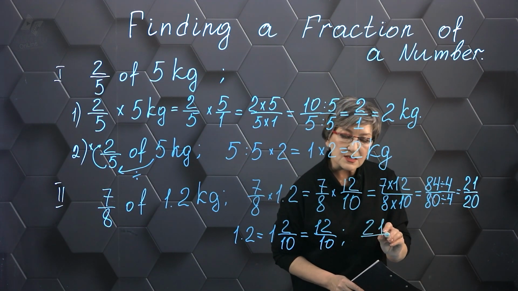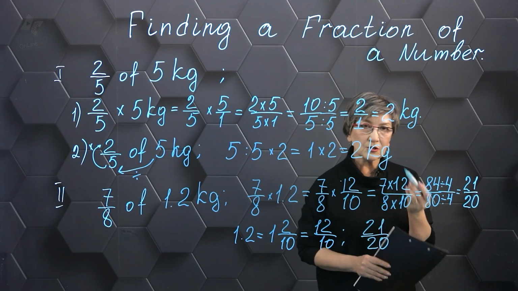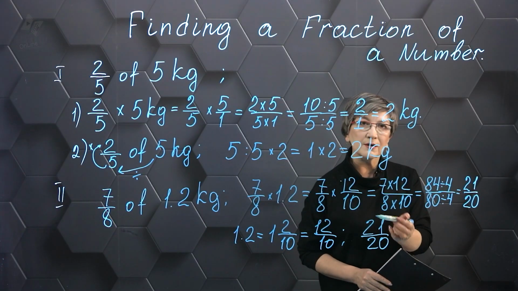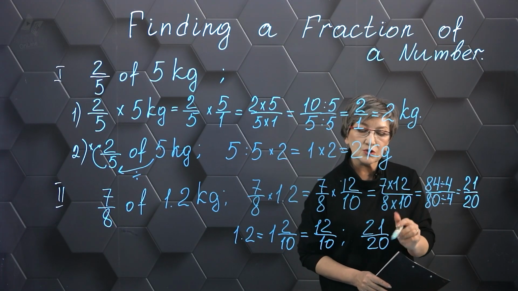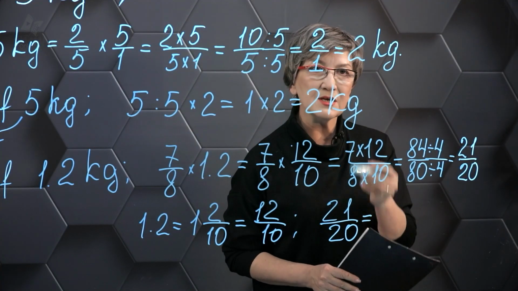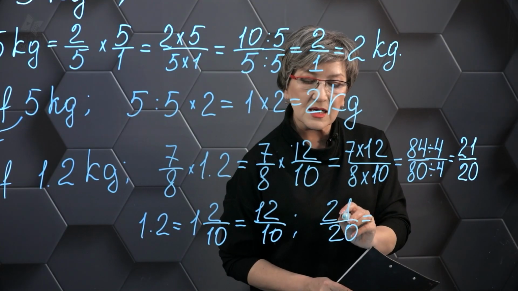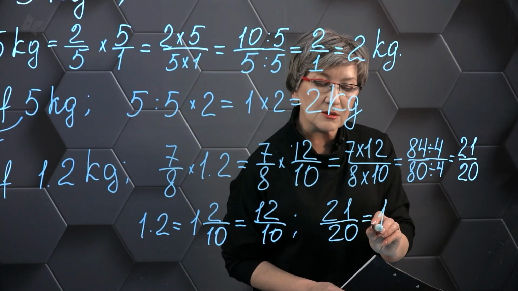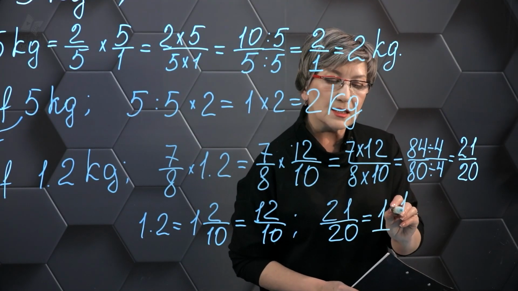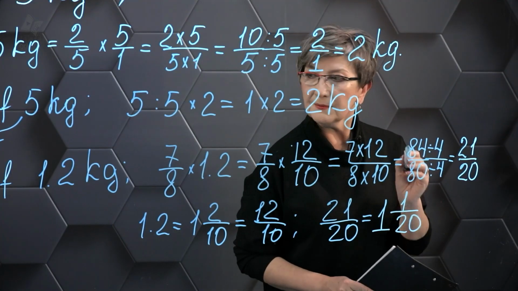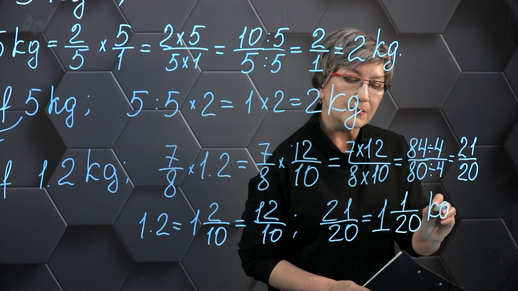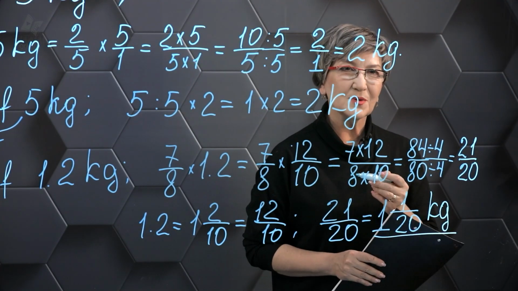So we need to isolate the whole part and write this as a mixed number. 21 divided by 20 is 1 whole and 1/20 part. Of a kilogram. This will be our answer.